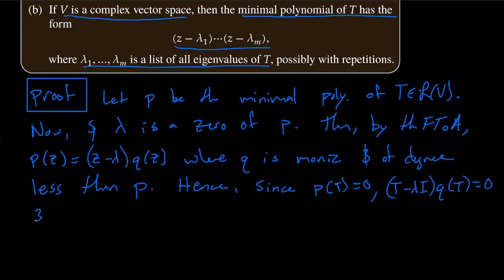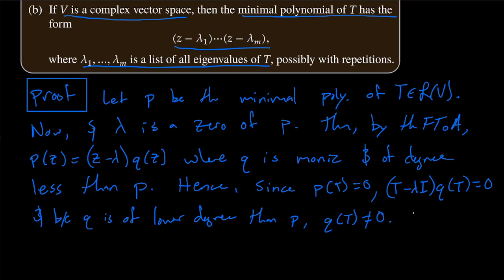And because q is of lower degree than p, what we get is that q(T) is not the zero map. Oh, okay. Nice.